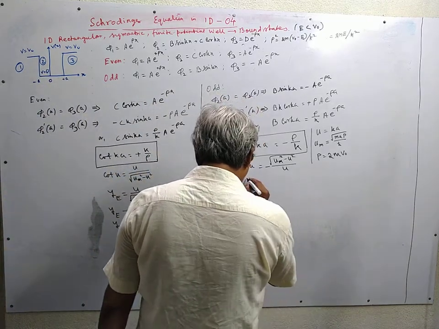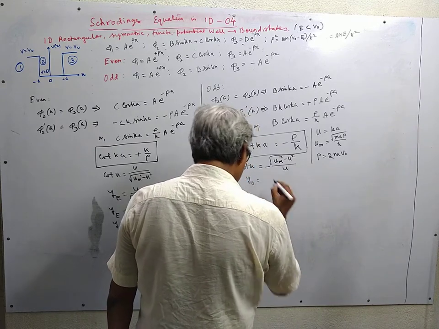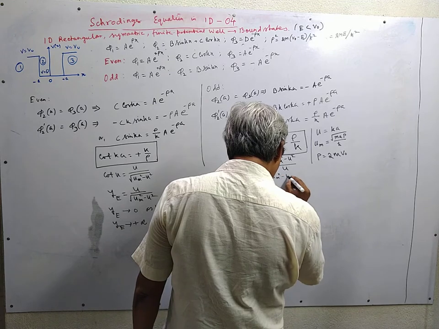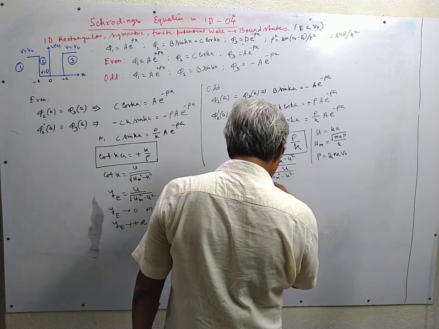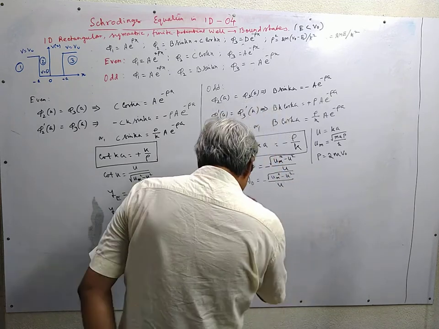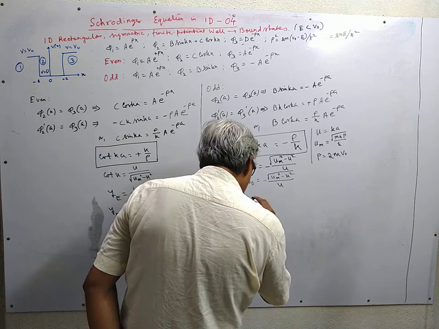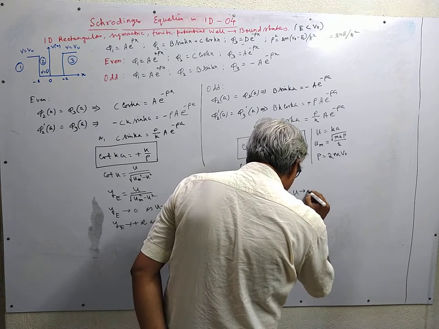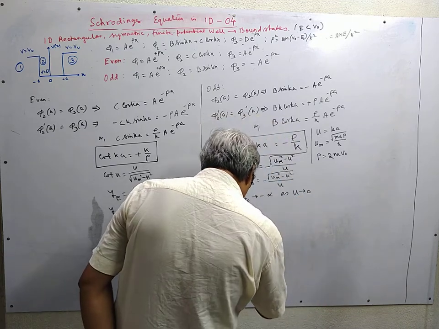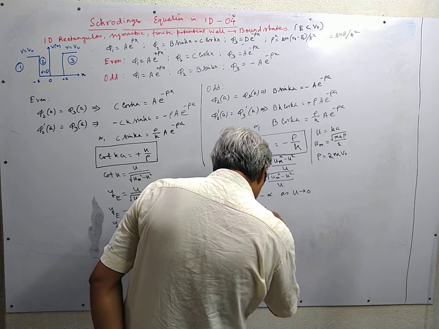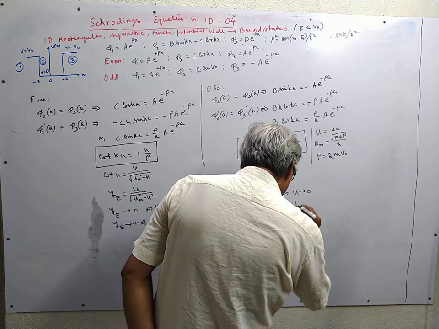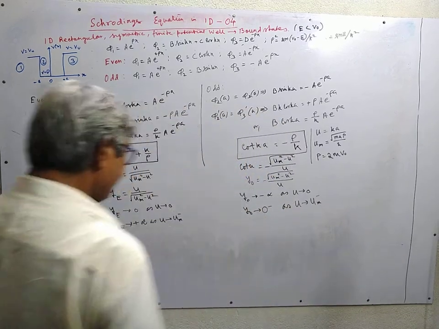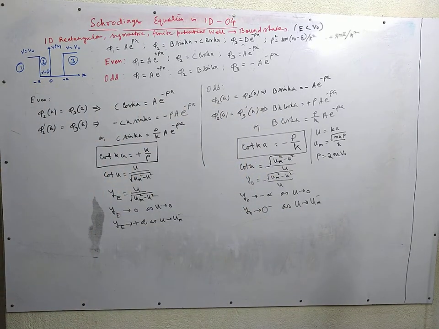And we write y odd: y odd tends to minus infinity as u tends to 0, and y odd tends to 0 minus as u tends to um. These are the informations.